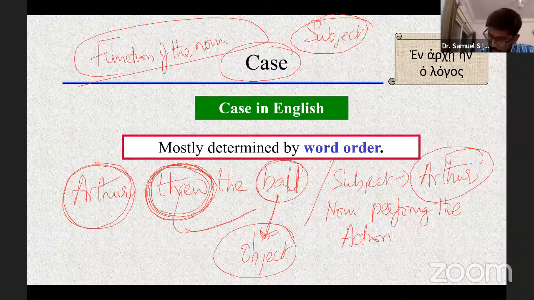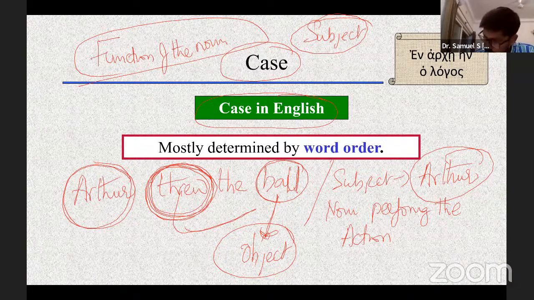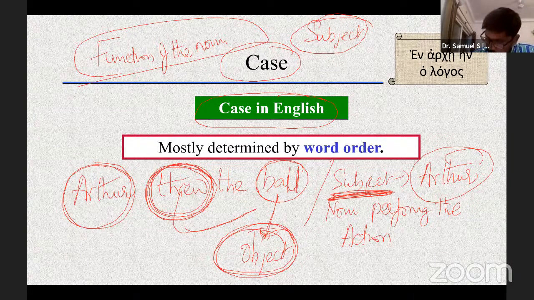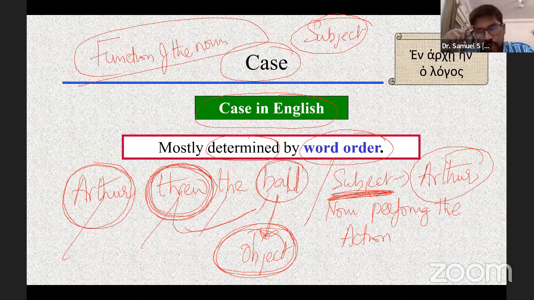Right? Now in English, how do you know which word is the subject who is doing the action? Which word is the object which is receiving the action? That is determined by word order. The moment you read the sentence, Arthur threw the ball, our mind knows.